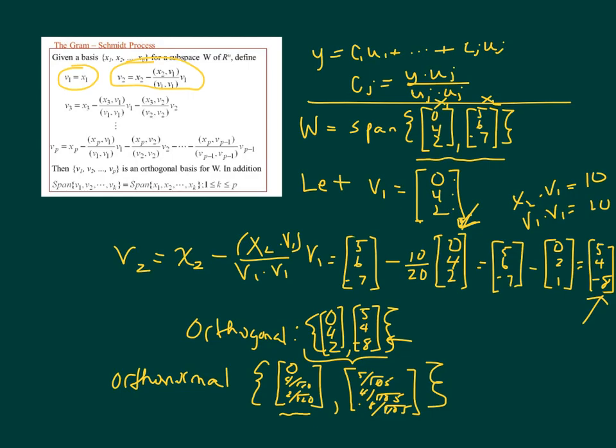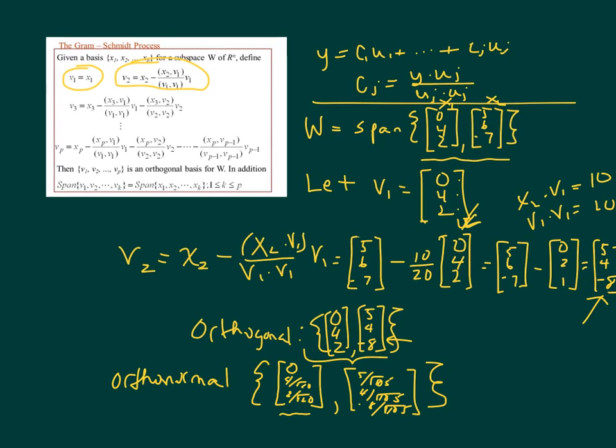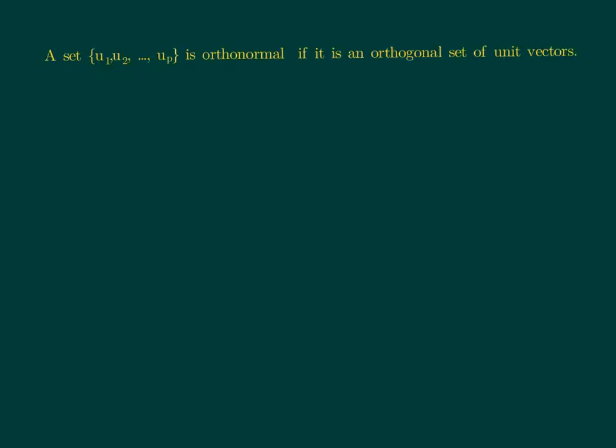Now, if you have more than two vectors and you want to find three vectors that are orthogonal to each other, you simply follow along the same process, using the next formula in finding three orthogonal vectors, but the process just builds off itself. A set is called orthonormal if it is an orthogonal set of unit vectors.